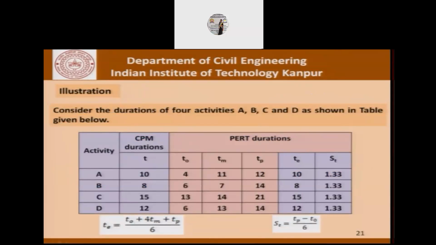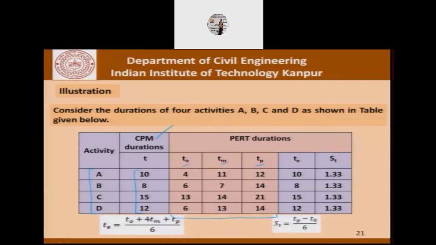Moving forward, let's try to implement this thought process in an example. Let's talk of 4 activities A, B, C, and D, and if these were the times that we used in a CPM calculation, that is the firm times. Now, this part of the table gives you the TO, TP, and the TM for these activities.